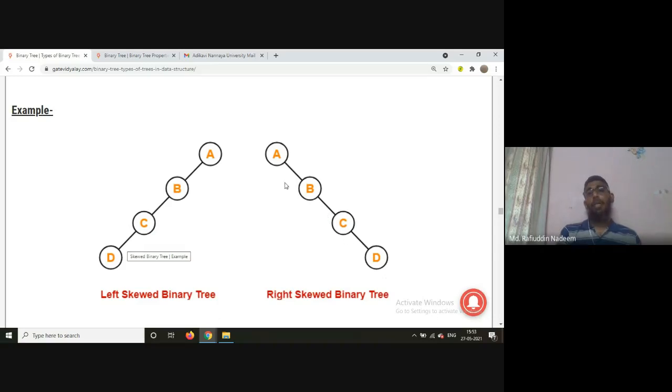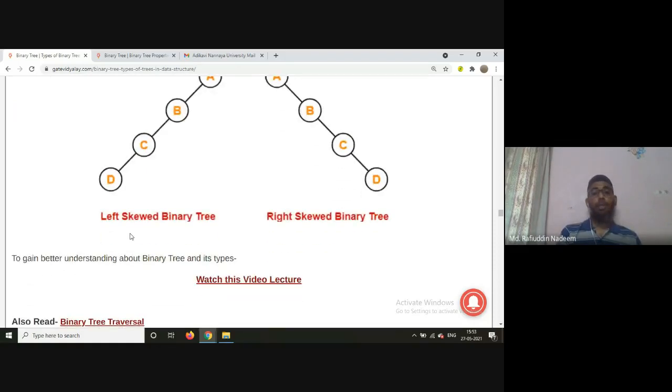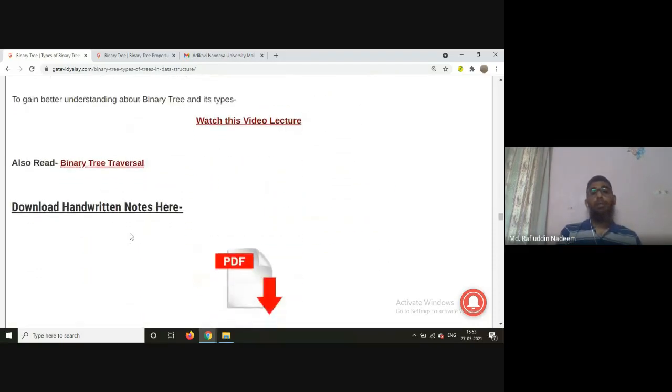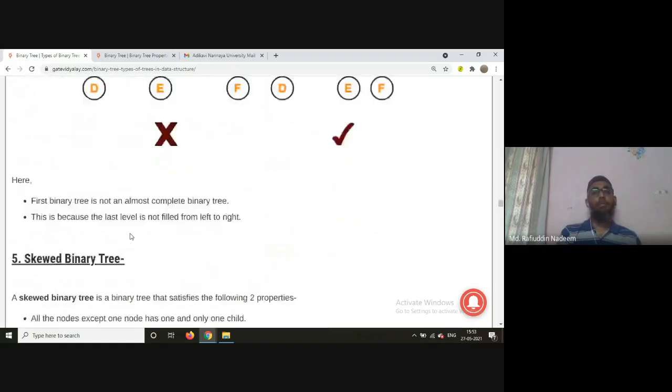You can also have one left, one right, one left, one right, which is also a skewed binary tree. If all the nodes are only on the left side, it is called a left skewed binary tree. If all the nodes are on the right side, it is called a right skewed binary tree. So these are all the various kinds of binary trees we have.